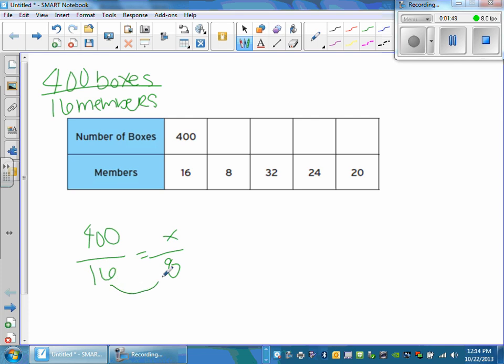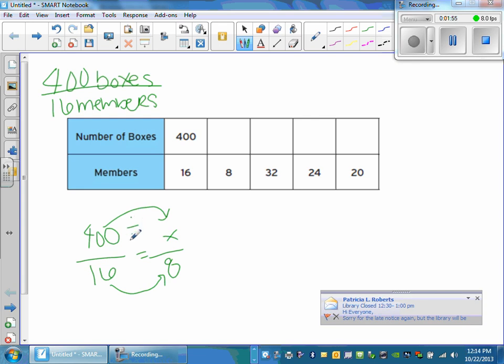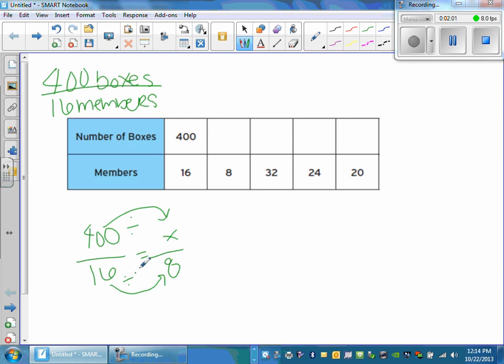When we move from 16 to 8, we're getting smaller, so we need to divide. If we divide the bottom by 2, we need to divide the top by 2. And we should get that the answer to this box should be 200.